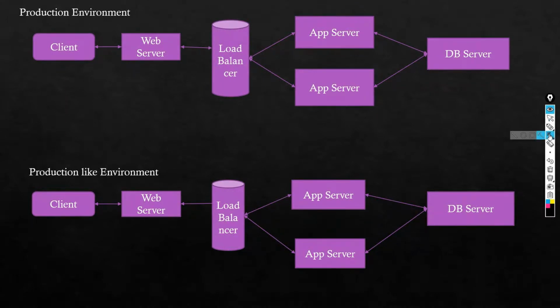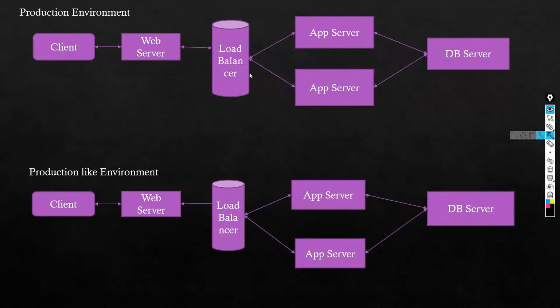If there are two servers in production, you should also have two servers. We'll discuss what a server is and its architecture in tomorrow's session. On a high level, whatever configuration is present in production or live, the same should be present in the performance testing environment.